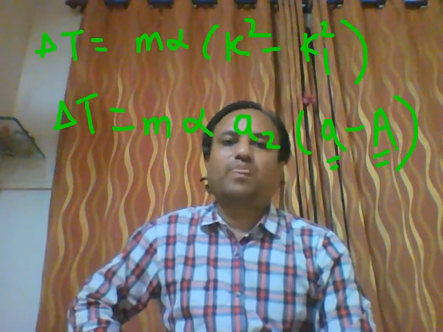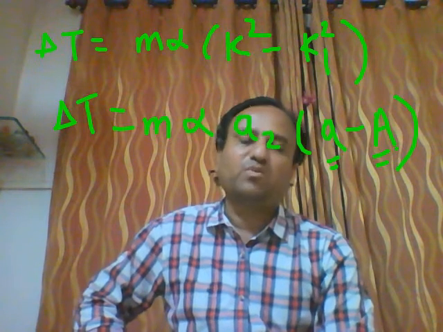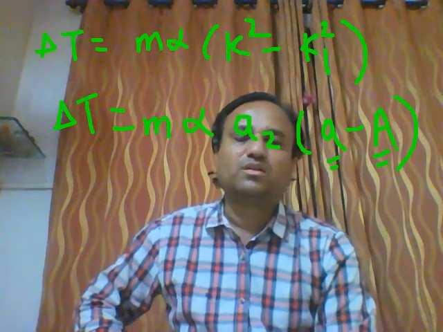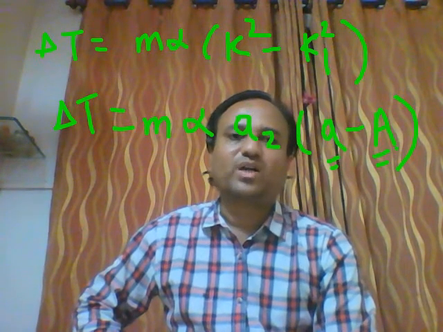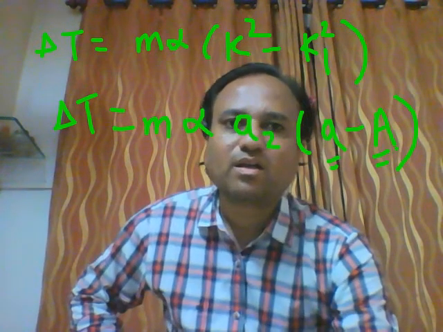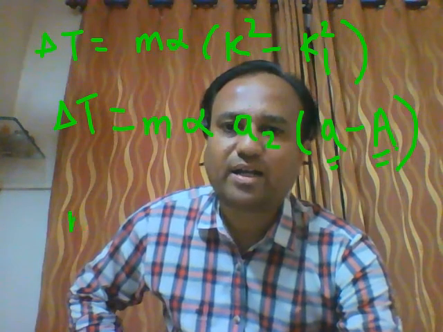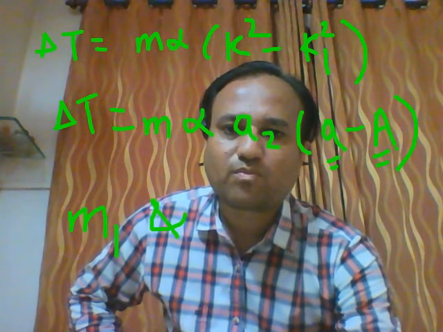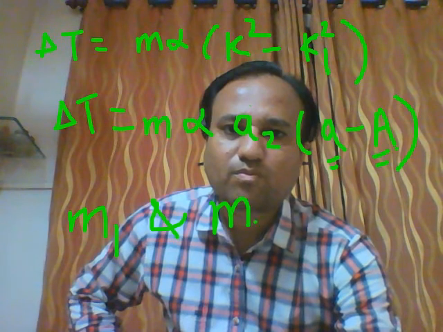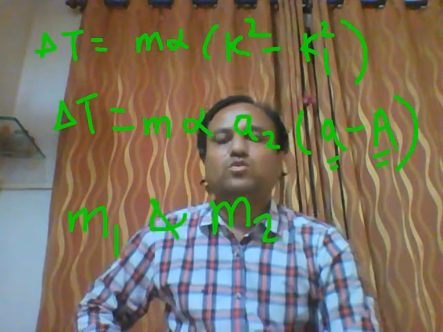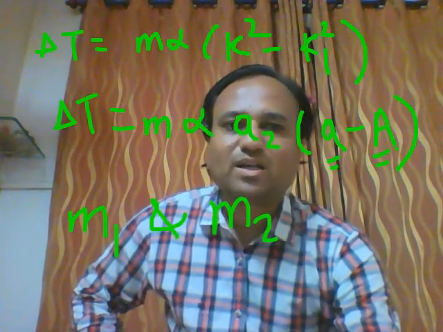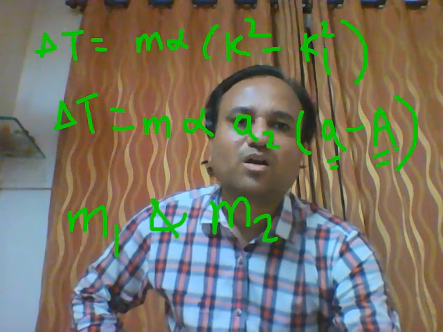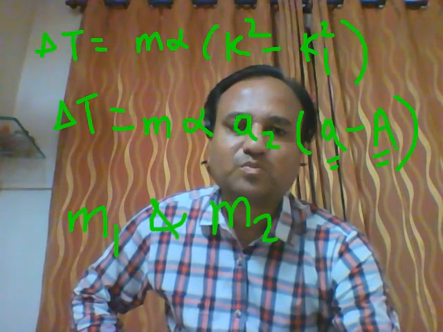So this will be helpful to calculate delta T. The value of the correction couple will be mentioned in the final exam. So we can calculate m1 and m2. With the help of delta T, we are able to calculate a2.